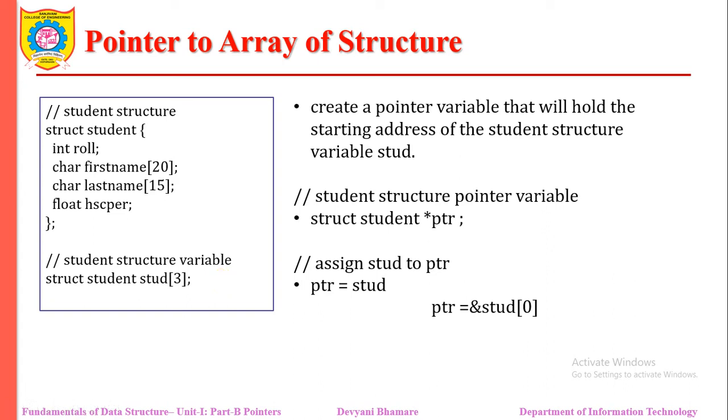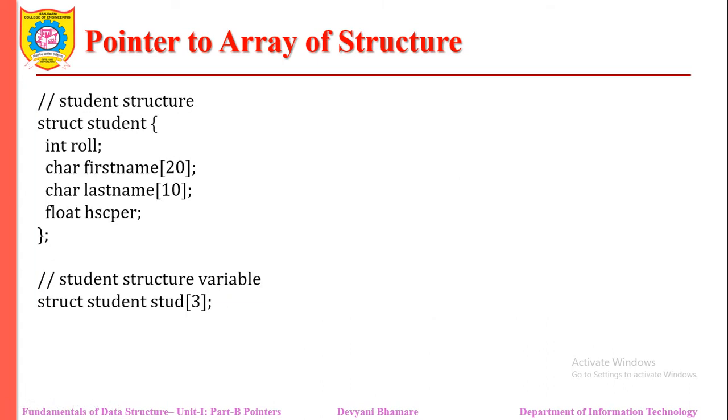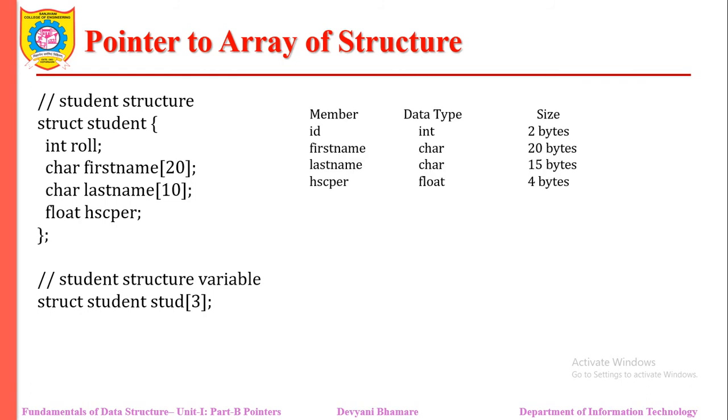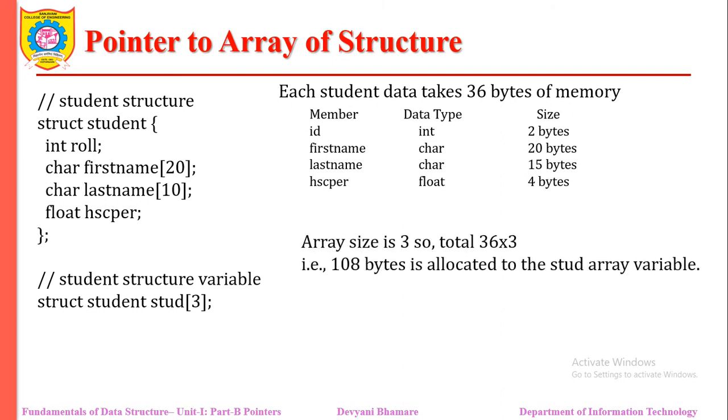So in this example, we need to find the size of this structure. Roll number is 2 bytes, first name is 20 bytes, last name is 15 bytes, so each student's data holds 36 bytes of memory. Here the array is of size 3, so 36 multiplied by 3 means the complete array is 108 bytes.